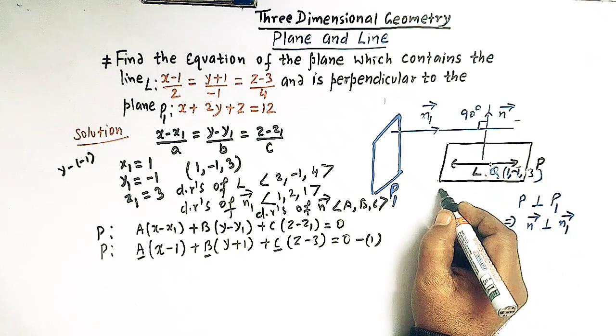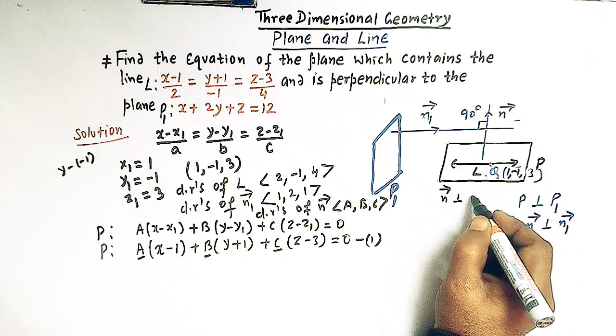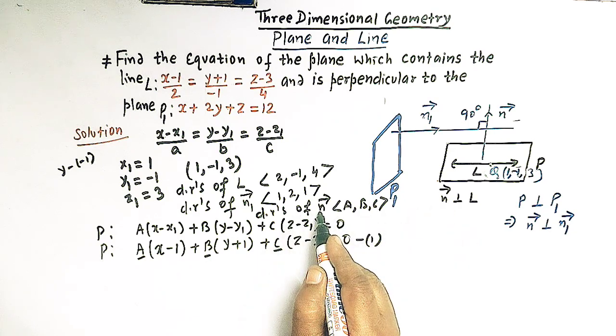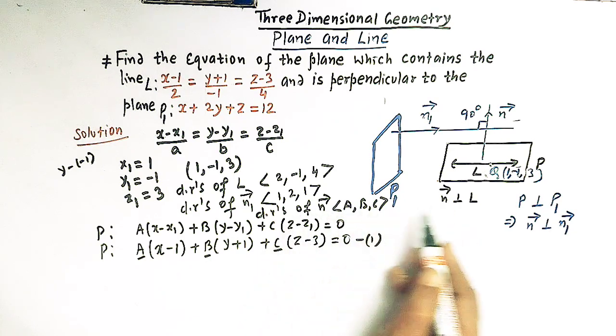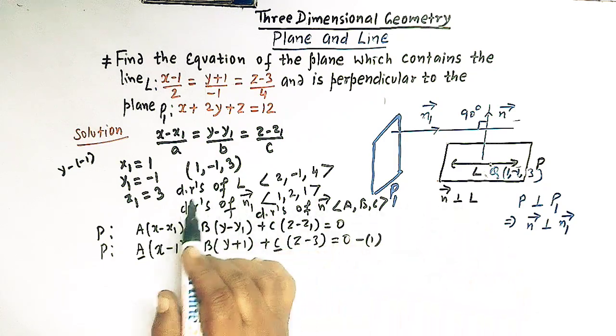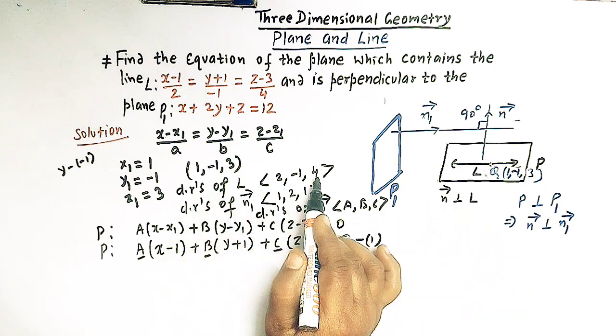That is, the normal vector N is perpendicular to the line L, and the direction ratios of the normal vector are A, B and C, and the direction ratios of the line are given by 2, minus 1 and 4.